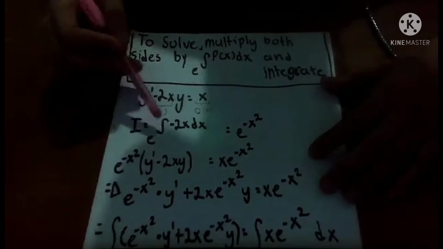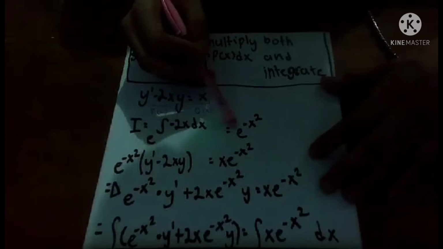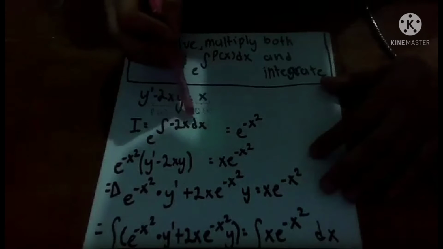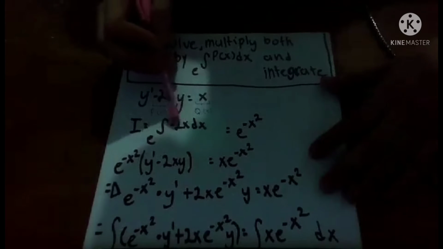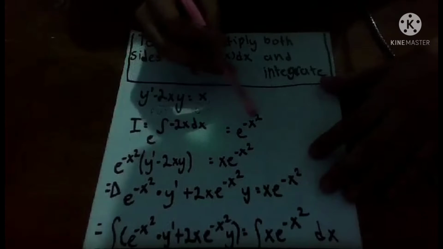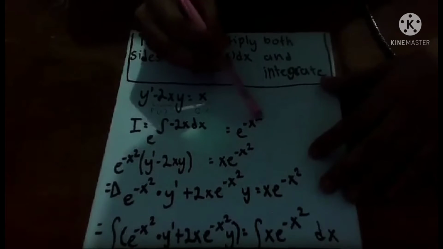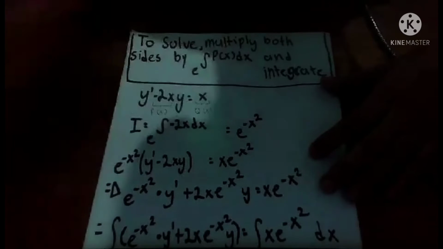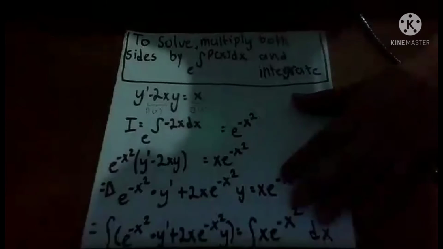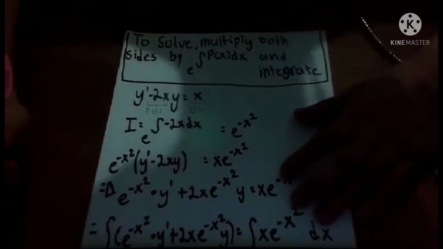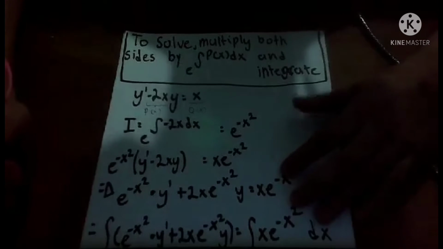If we integrate negative 2x, we will get a negative x squared, and we will multiply both sides of our equation.